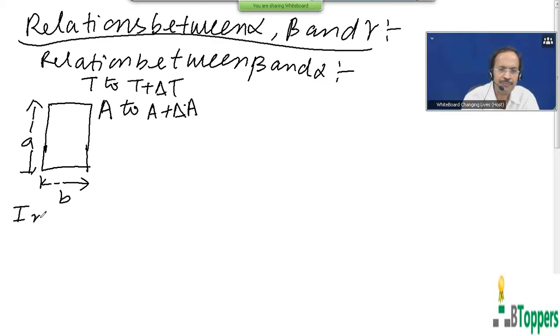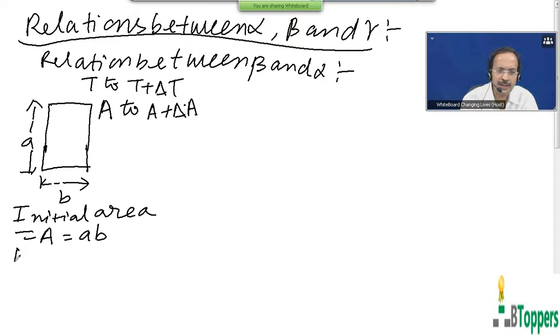So initial area before it is heated, denoted by capital A, is the product of initial length a and initial breadth b. When it is heated uniformly, the new length will be more than a, denoted by a dash.